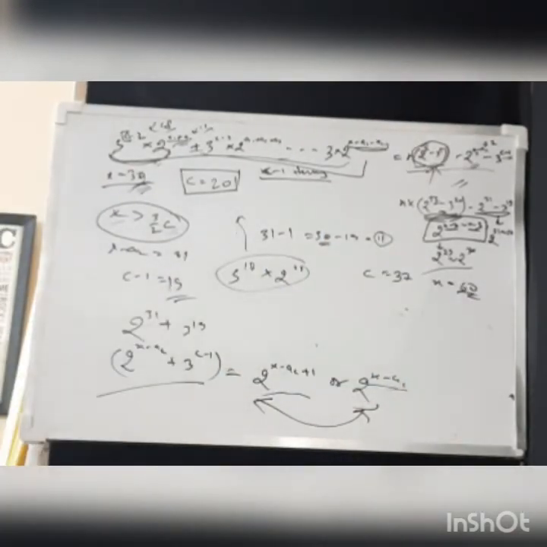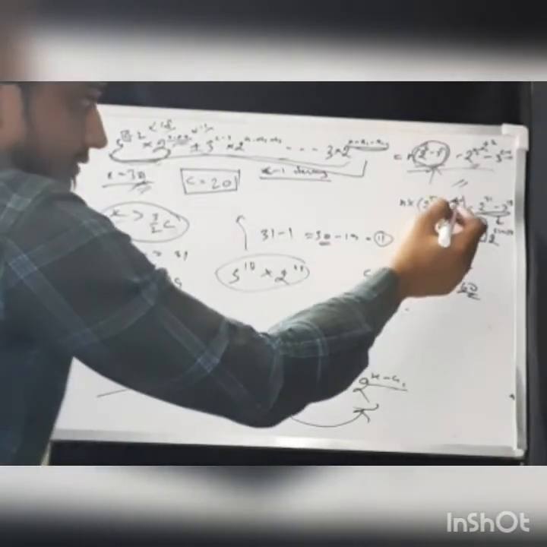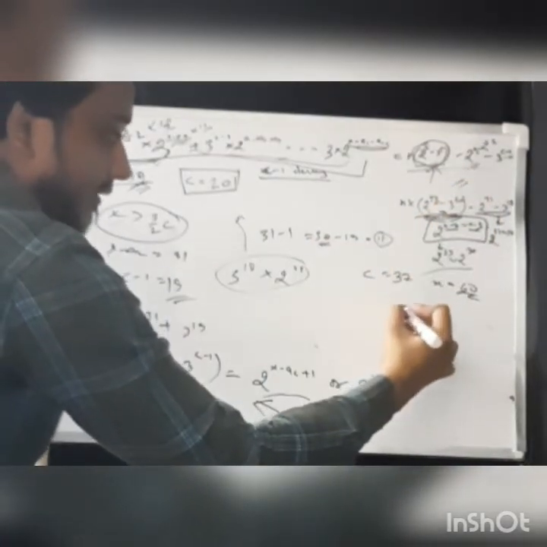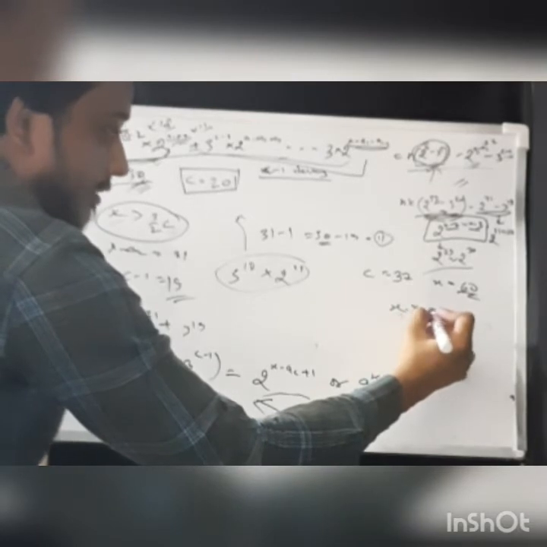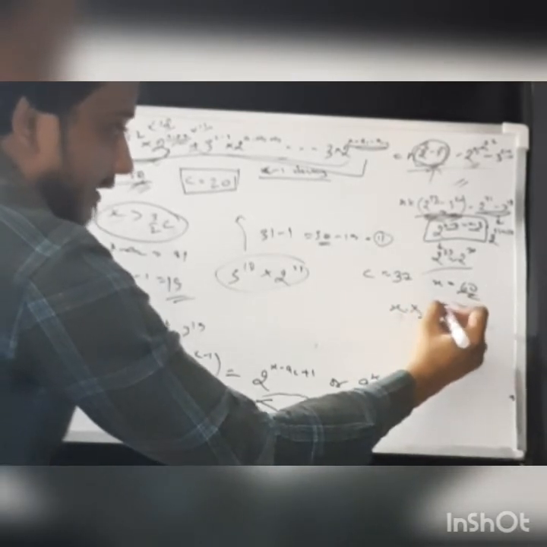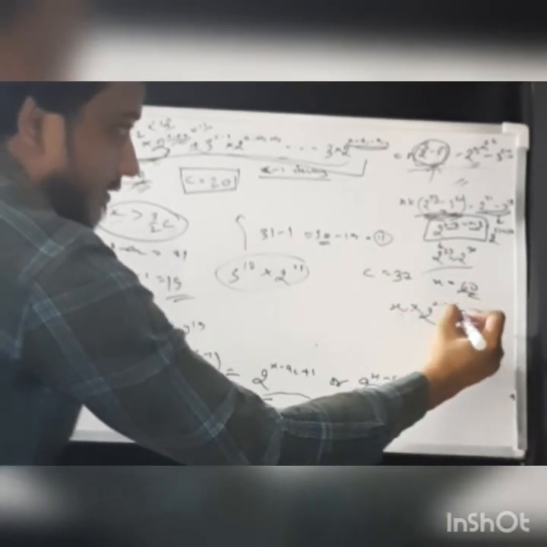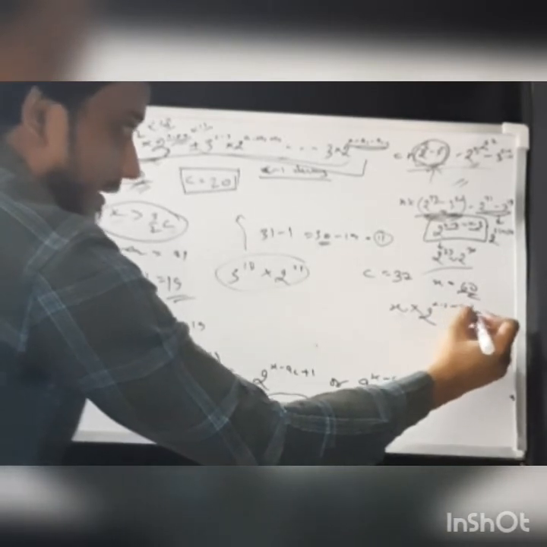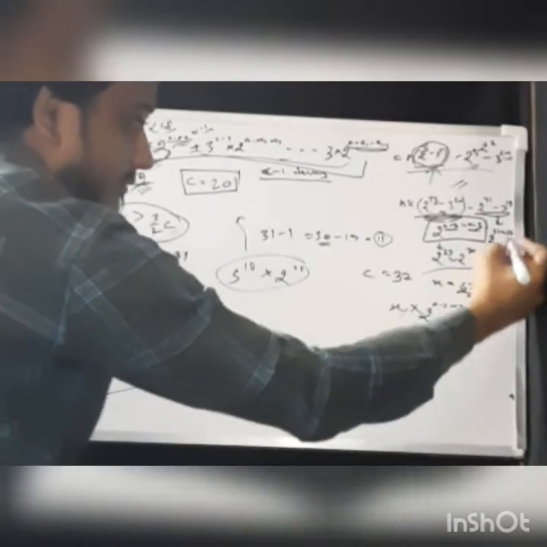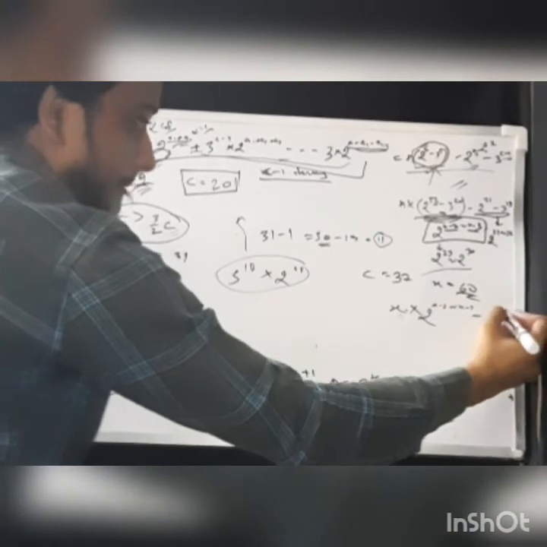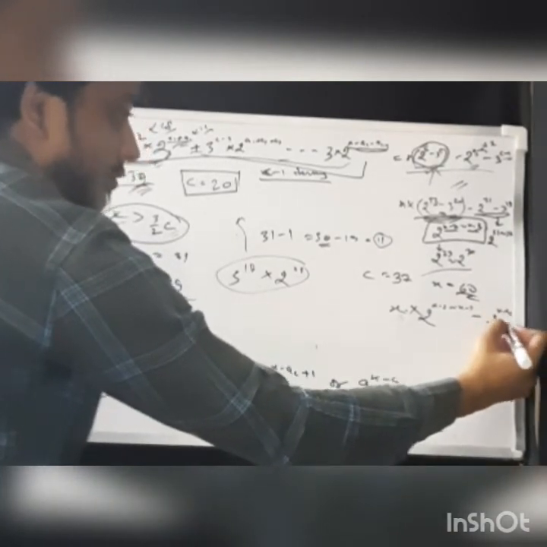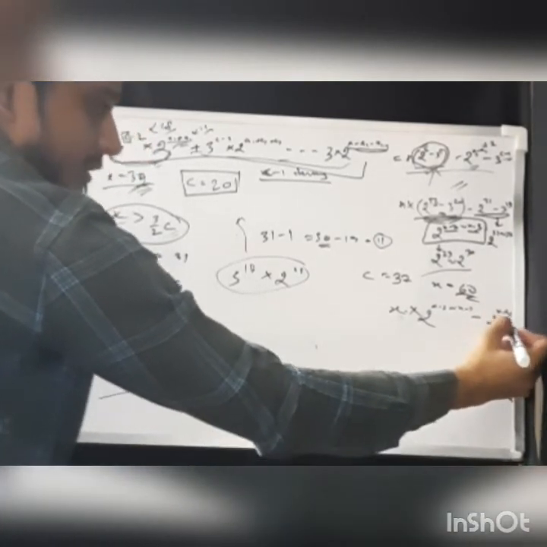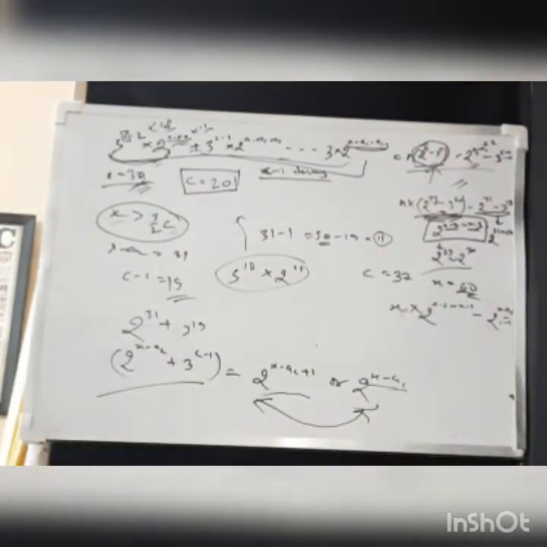What I'm trying to say is that I can generalize this and write it as x multiplied by 2 to the power x minus 2 or x minus 3, and subtract 2 to the power x minus ac or x minus ac minus 1.